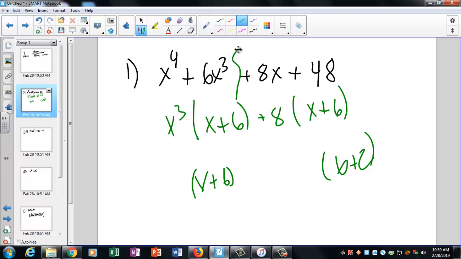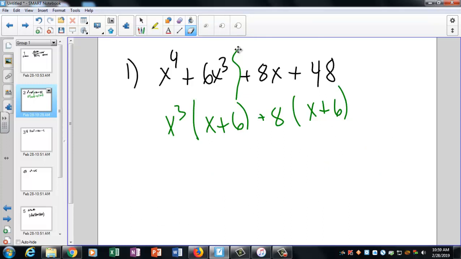I try not to, but I won't swear that it cannot happen. If that happens, then the answer is probably going to be prime, because you can't factor it. But it should be that these 2 parentheses are the same.